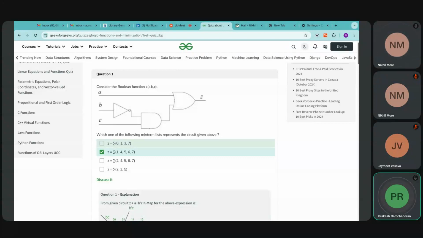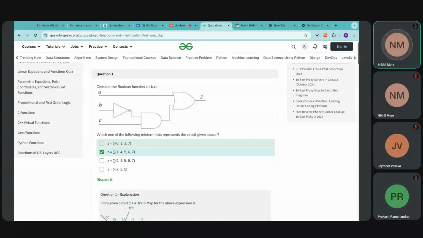Sum of products is more related to ANDs, or product of sum is more related to ORs, correct? So in SOP, the individual smaller terms are products, and they are ORed with larger terms.